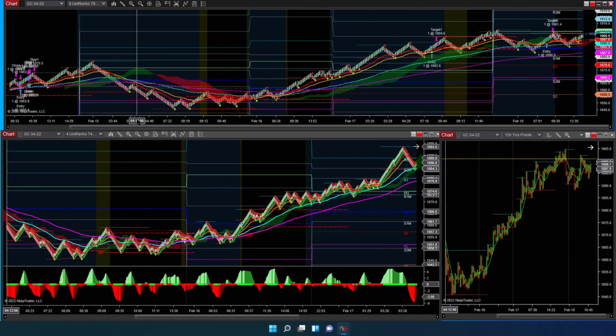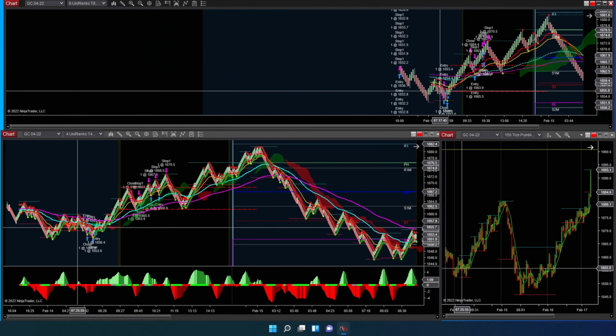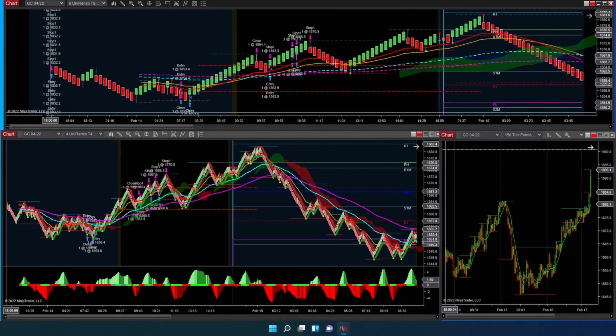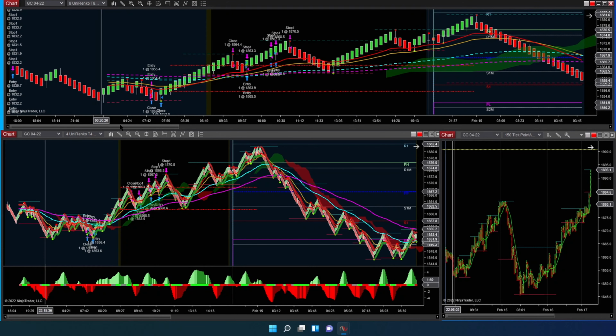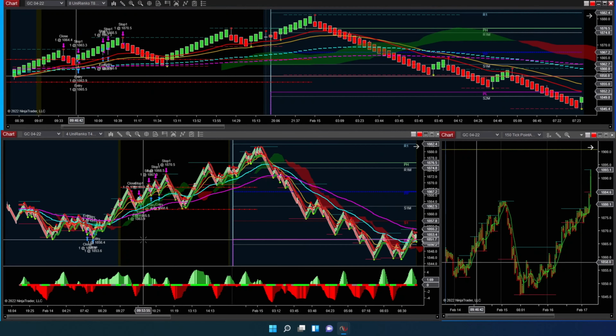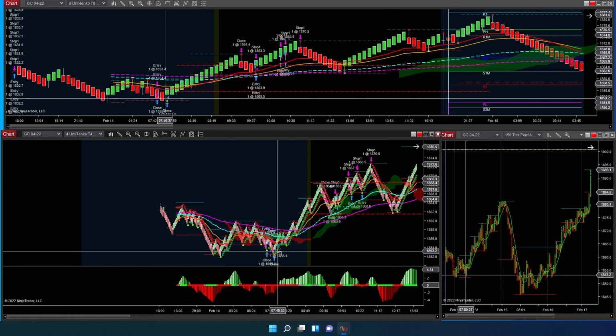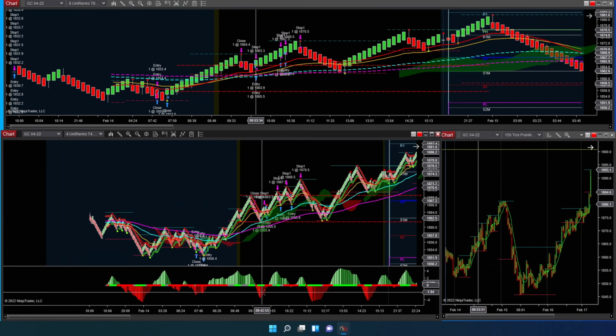So let me expand this. So there are some trades in this area right here, and let's open that one as well.